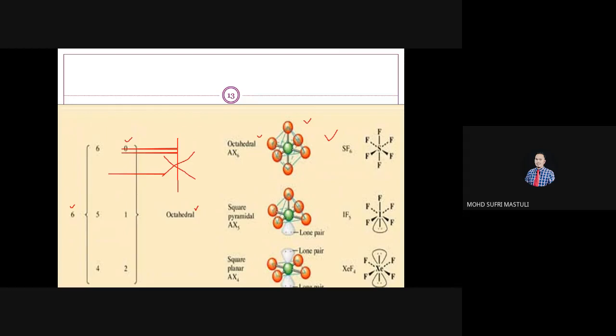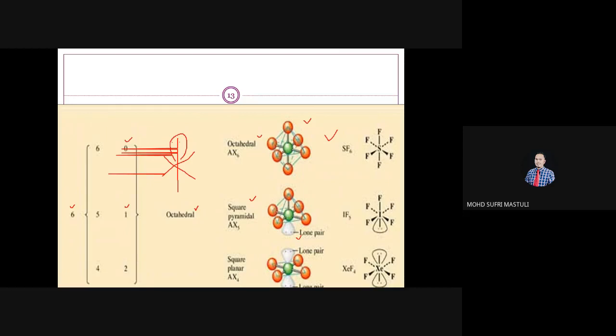But if we have one lone pair, the first lone pair is on the top, or it can be on the bottom as well. So the name is a square pyramidal. It looks like a square pyramidal.